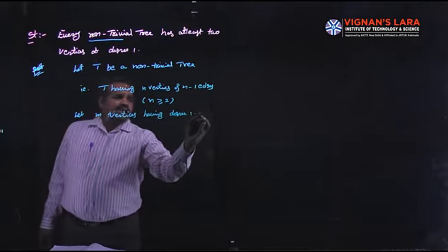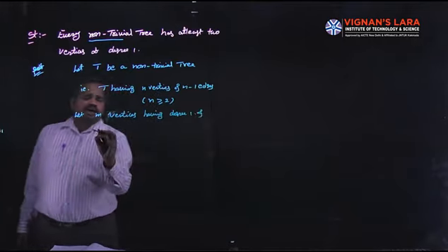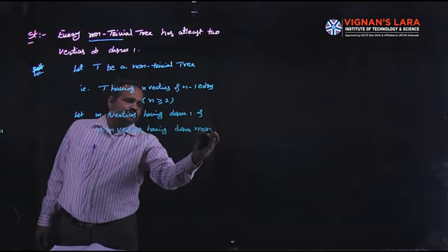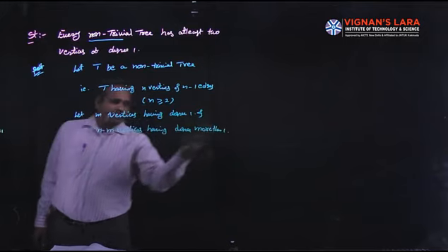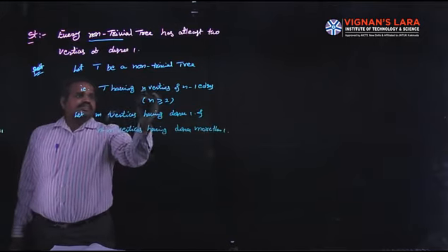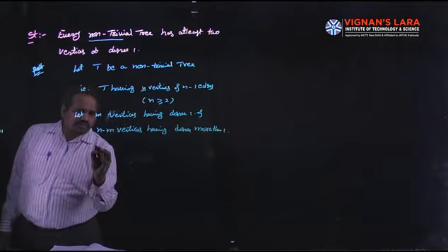The remaining n minus m vertices have degree more than 1. So what are the n vertices? Let them be v1, v2, v3 and so on.